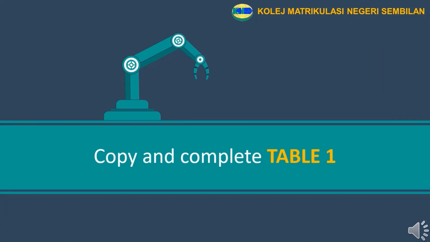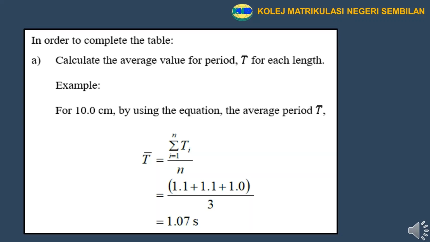In order to answer the question, you have to copy and complete table 1. A. Calculate the average value for period T bar for each length. Example, for 10 cm, by using the equation given below, the average period T bar is given by 1.1 plus 1.1 plus 1.0 divided by 3.